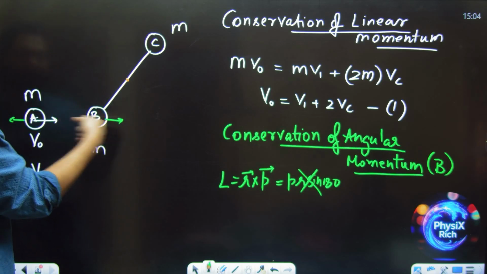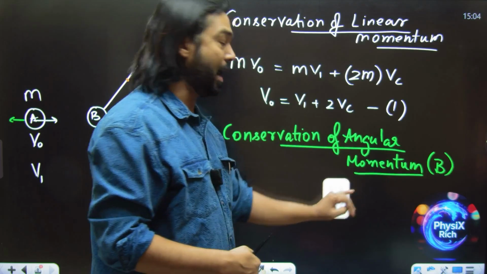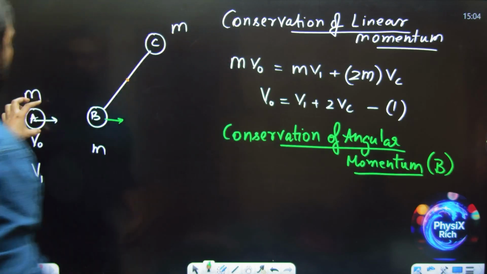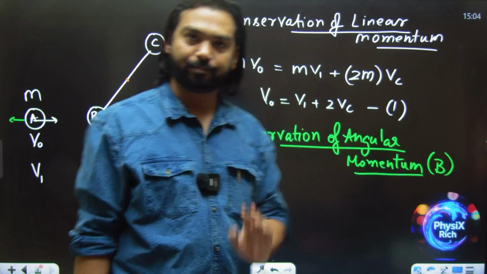So the impulse also is in the same direction. So we can say that the angular momentum of this ball before and after are both 0. Okay.